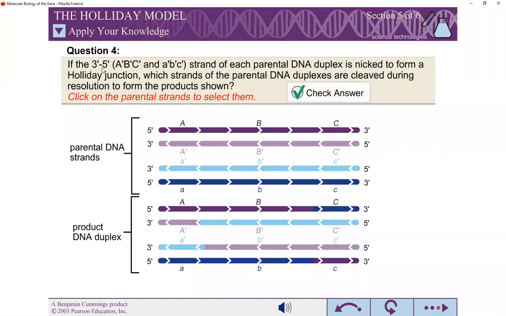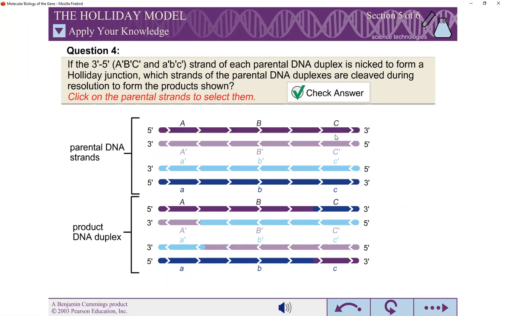Click on the parental strands to select them. These are the parental strands and these are the offspring strands which are going to be produced. What we have to select is which strand of the parental DNA will be cleaved.